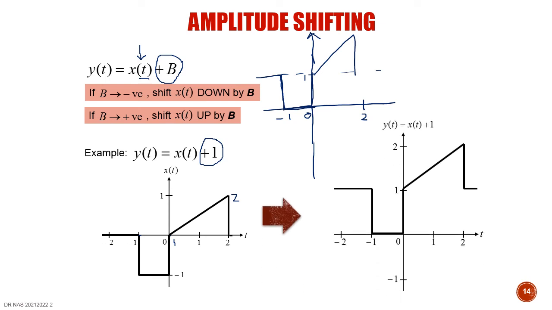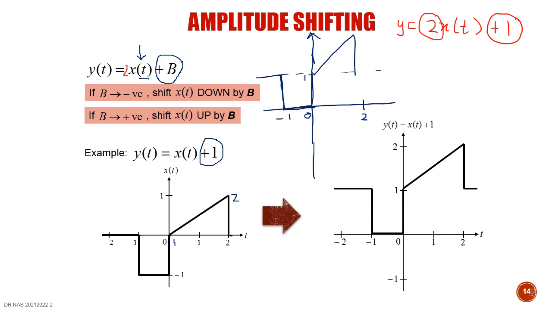So what happens if you have a different variable in front of x? If you have 2x, for example, if you have y equal to 2x(t) plus 1, you know that the signal is shifted up in amplitude by 1, and you have amplitude scaling by 2. So what does amplitude scaling mean?